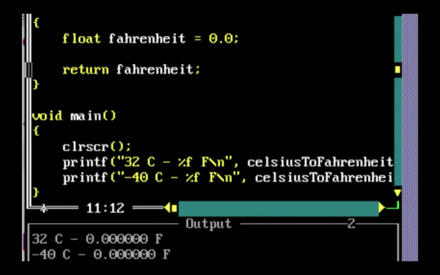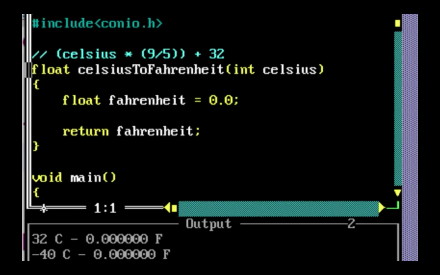So the actual logic of the program is not implemented yet. That's why we see the output showing 0 and 0. So now let's go ahead and try and implement the logic. So the value of Fahrenheit is, as we looked at earlier, it should be Celsius.